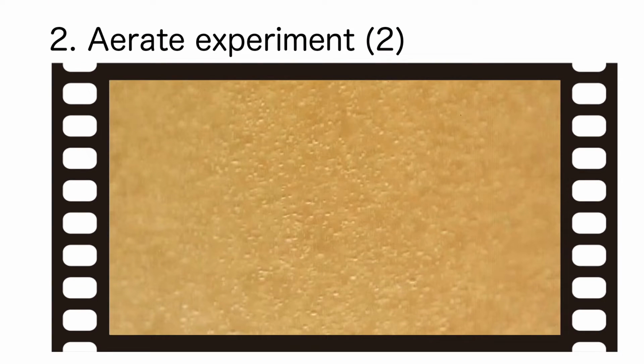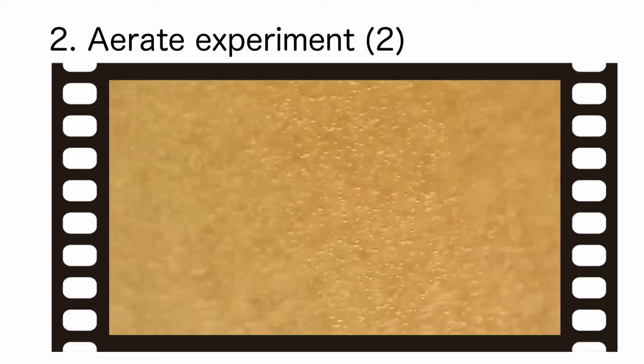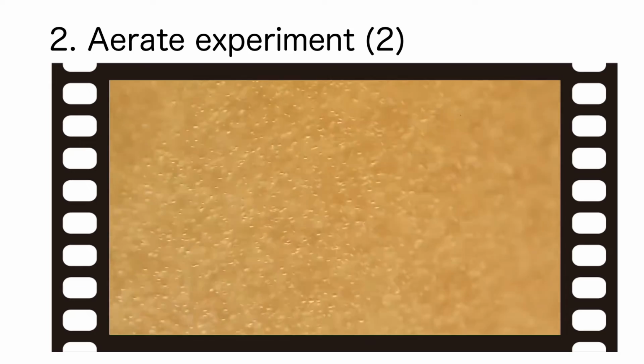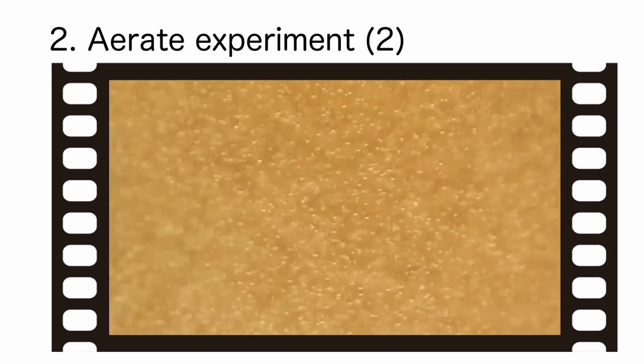In the experiment on this slide, normal lighting is used instead of a light sheet, and magnified images are taken with a microscope. In the previous experiment, what appeared to be a white dot can be confirmed to be a microscopic air bubble by taking a magnified image.